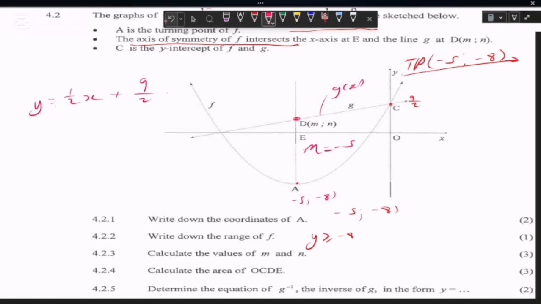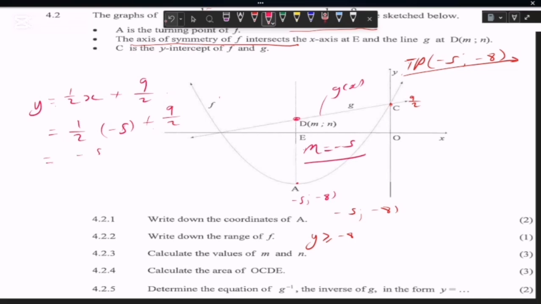Now the question is, how can we get the y value? Very simple. We have the equation of g. So now we know that the x value at point D is equal to -5. So you can simply substitute the x value here and get the y value. So we'll put -5 there, and work this out.